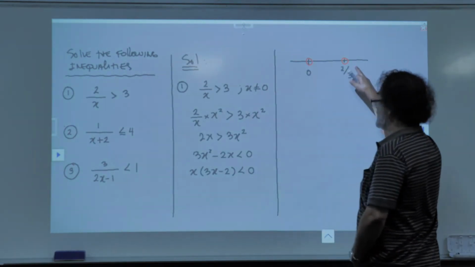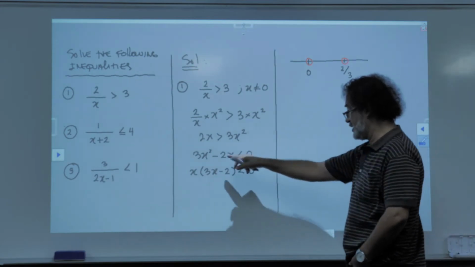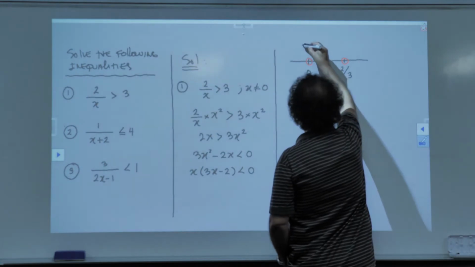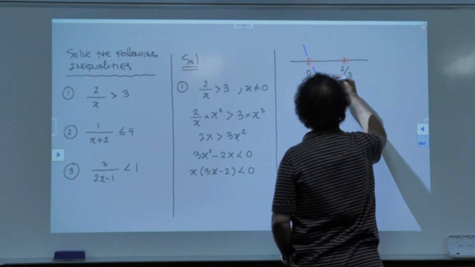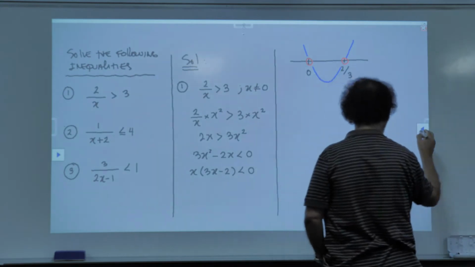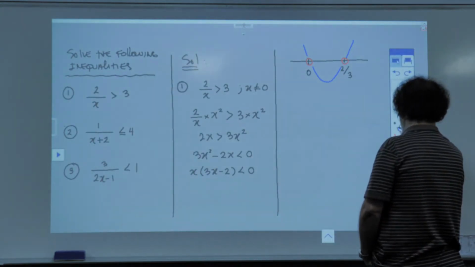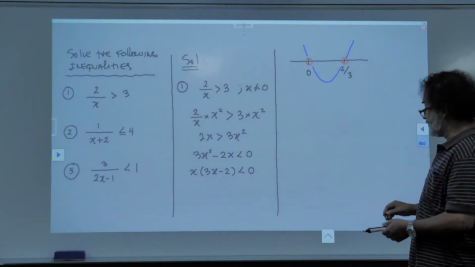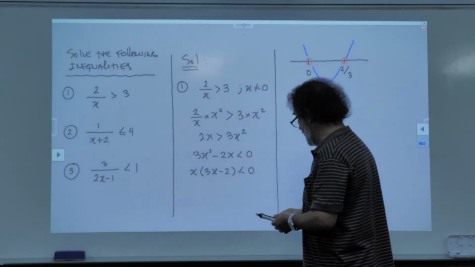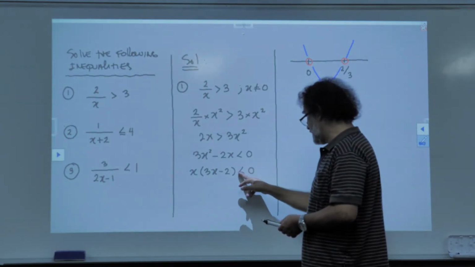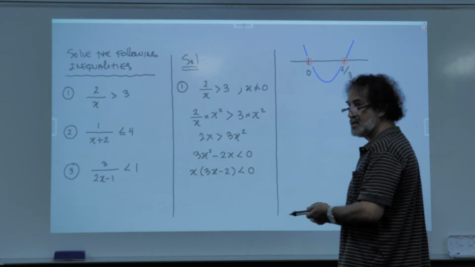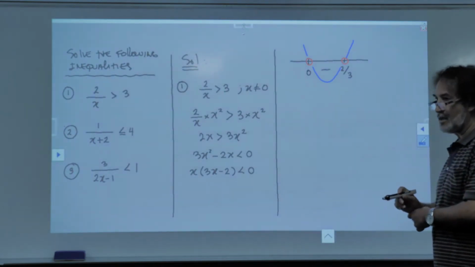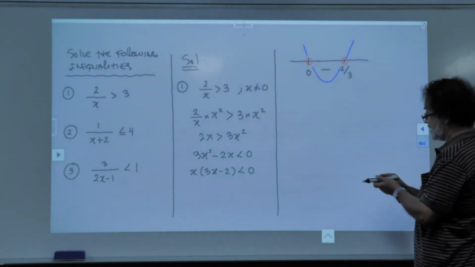Remember what we did yesterday? We're going to draw our parabola, and this is going to be a happy one. So let's draw our parabola. In here we're saying that these have to be less than 0, so we're going to choose everything that is below the x-axis.